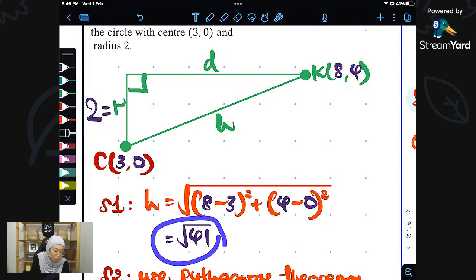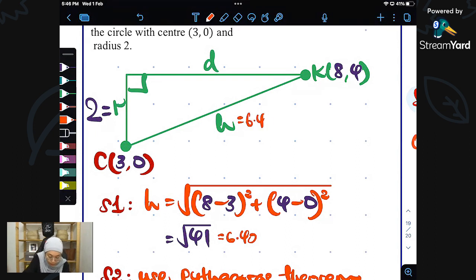And you will get square root of 41 unit, which it costs you 6.4 unit. So this is actually 6.40 unit.